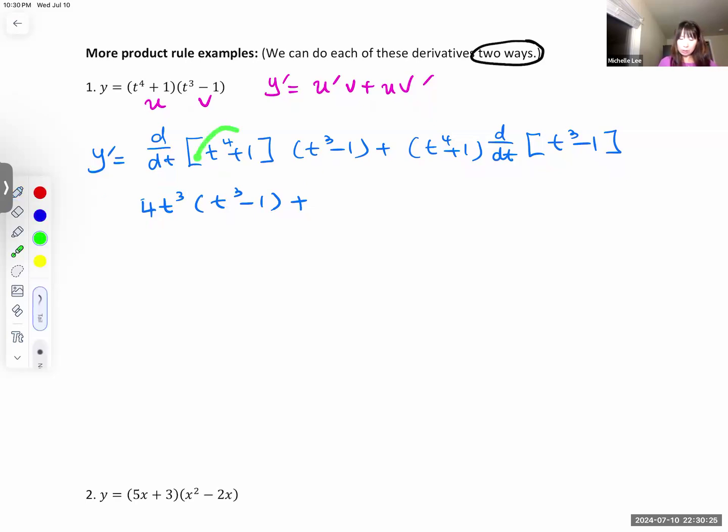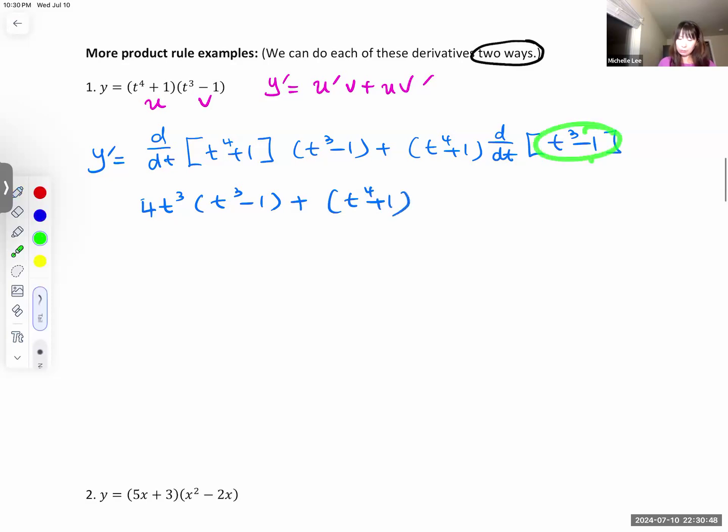So derivative of u, we get 4t to the third power. Then we rewrite v and u, which is same, t to the fourth power plus 1.